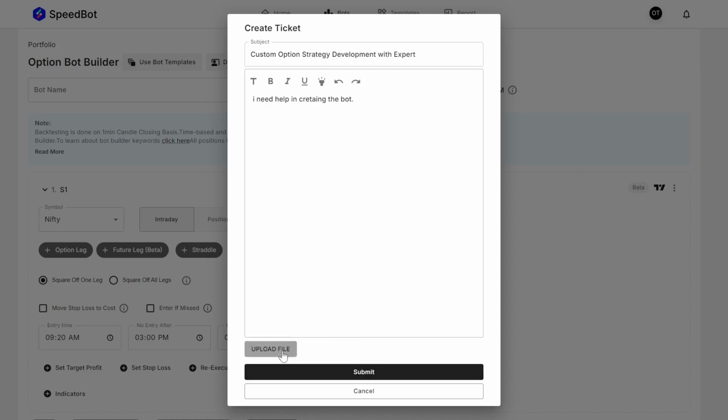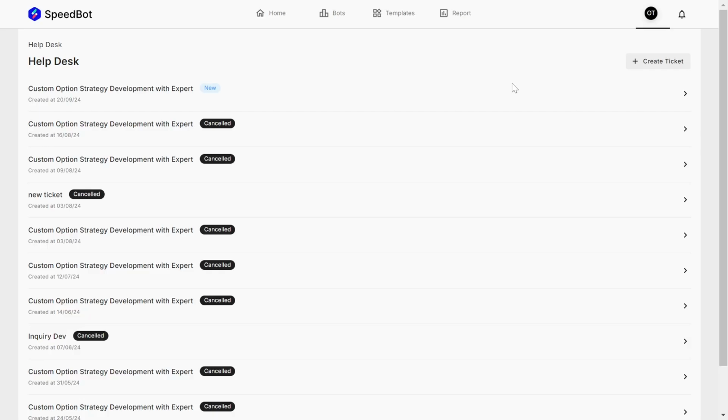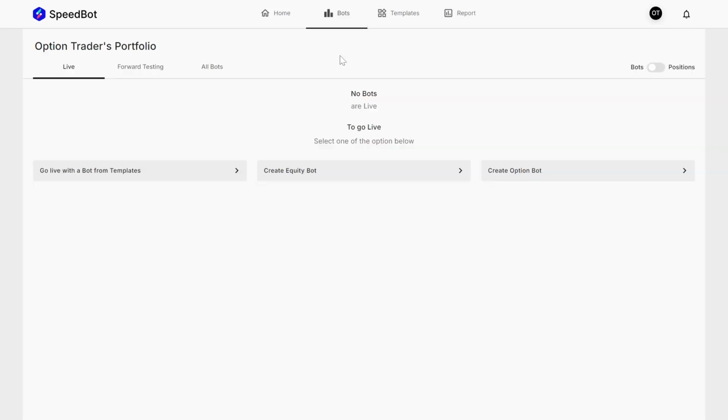You can submit whatever files you'd like to share. Once you click on the submit button, your ticket will be created, and based on that ticket, our team will be able to reach out to you and get your issue resolved. So that's how you can get the query shared with the team and they'll be able to help you.